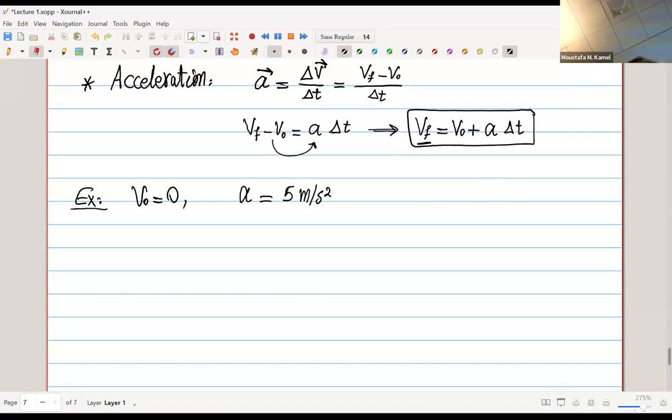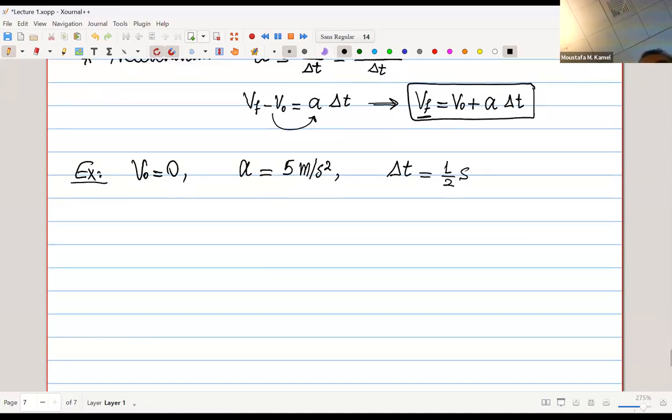So if the acceleration is 5 meter per second squared, over an amount of time elapsed of, let's say it is half a second. Then after that half a second, we reach velocity of, we just apply in this formula. So it's 0 plus 5 meter per second squared times half a second.